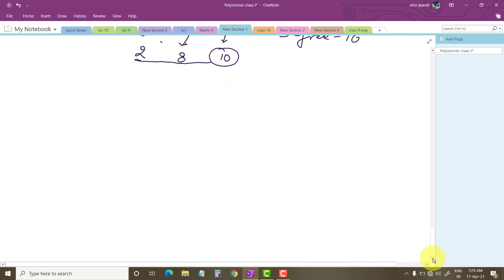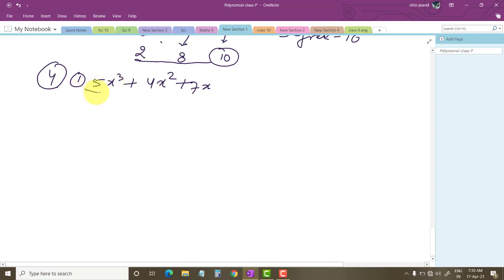Now we will see the questions, question number 4 first. Write the degree of this polynomial: 5x cube plus 4x square plus 7x. We look at all the terms.